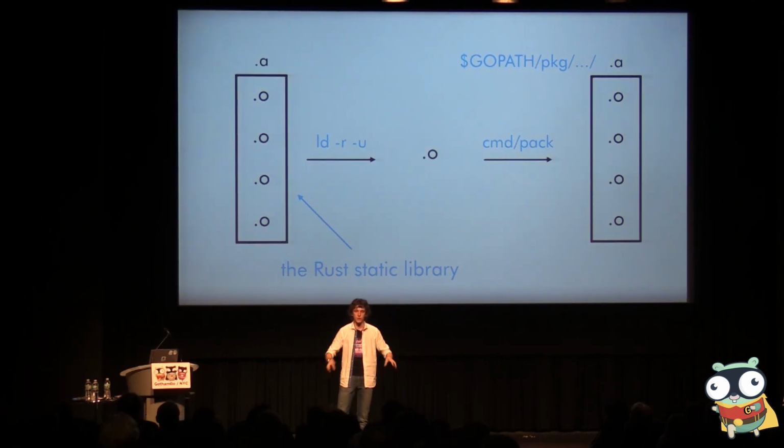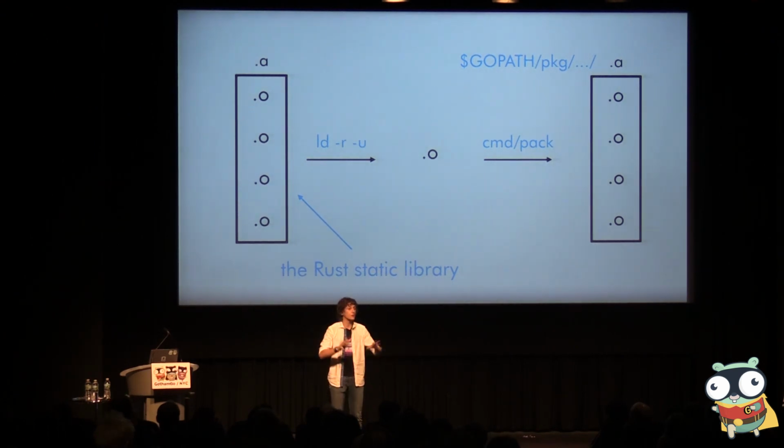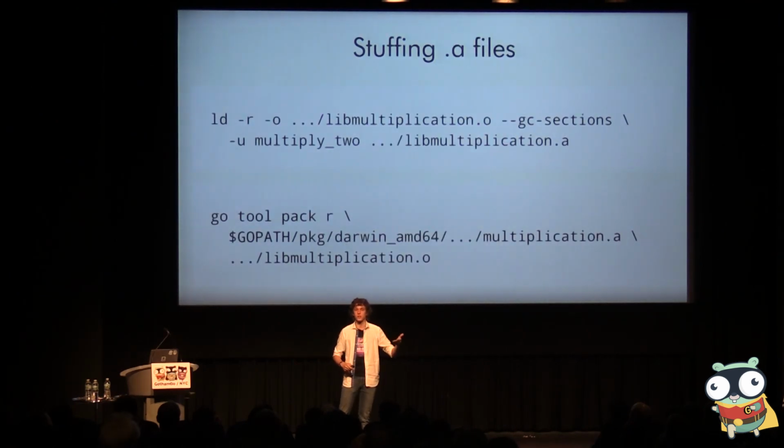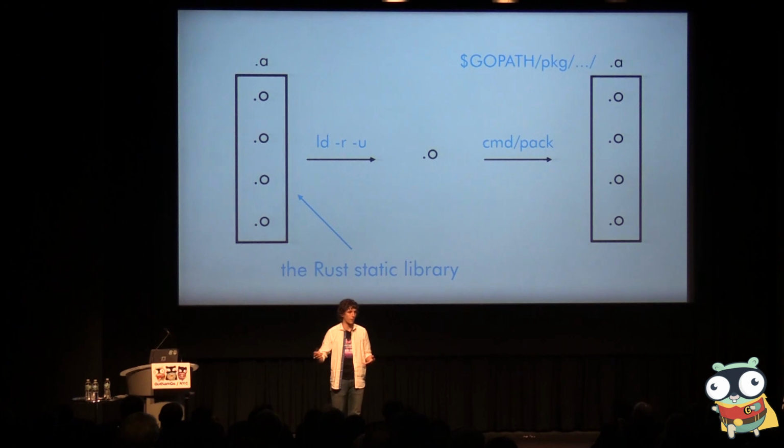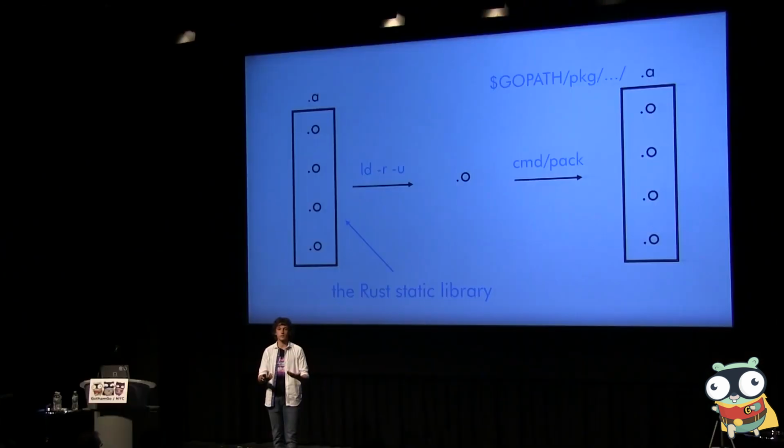And all the things multiply2 calls and needs are put into that .o object, and nothing else. Because we used the --gc-sections, garbage collect sections option. We take that .o and we use cmd/pack to put it into our Go package in GOPATH pkg. And that's it.